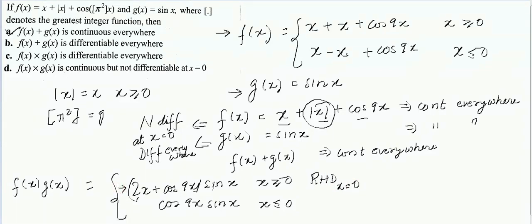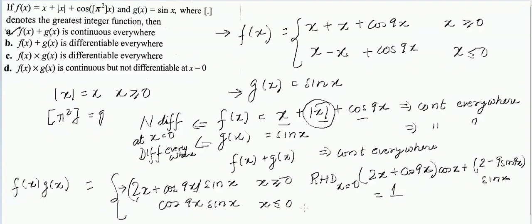So we can apply the product rule of differentiation, and we'll find that the differentiation comes out to be 2x plus cos 9x into cos x plus 2 minus 9 sin 9x into sin x. At x equal to 0, this becomes 0 plus 1 into 1 plus 0, which is actually 1. Okay.